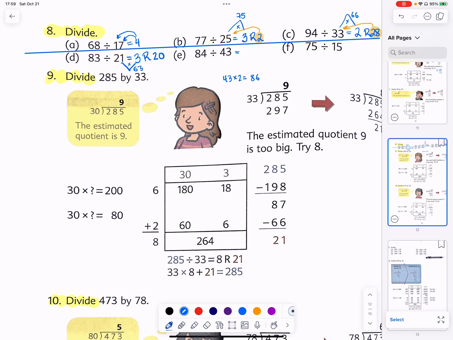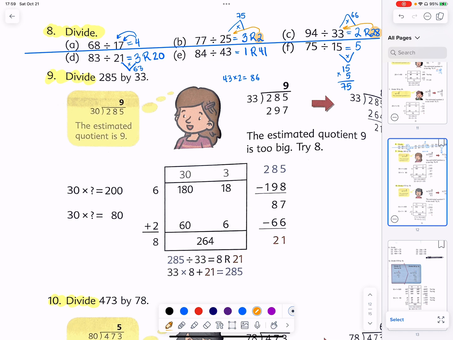Therefore, 43 can go only 1 time. And the rest will be packed into remainder. 84 minus 43 is 41. And finally, I hope you all know that 15 goes into 75 exactly 5 times. We can always check using inverse operation. 15 times 5 is 75.